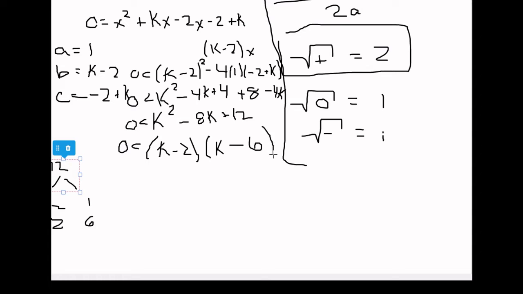And that's how we factor that out. Because negative 2 times negative 6 would equal a positive 12, but negative 2 plus negative 6 would equal negative 8. So this means when we're trying to get 0, we would get k equals 2 and k equals 6.